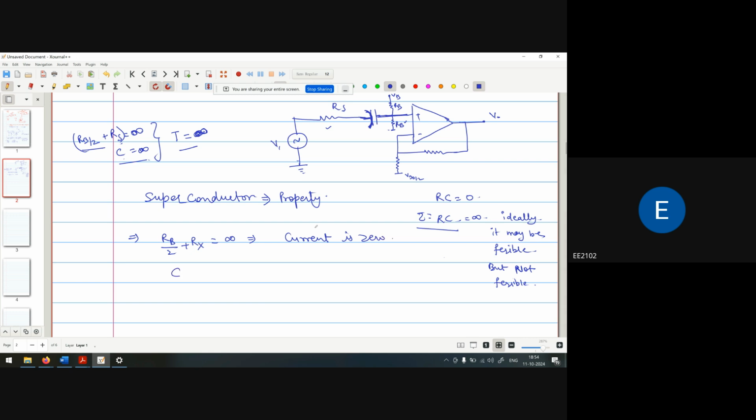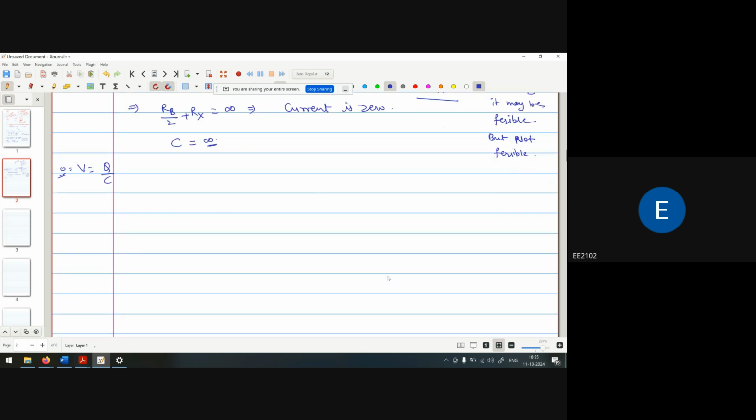And if the capacitor is infinite, my voltage storage is 0.